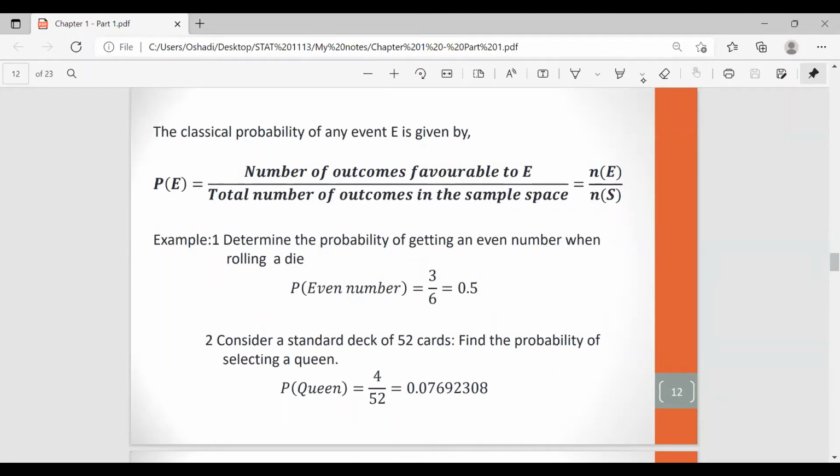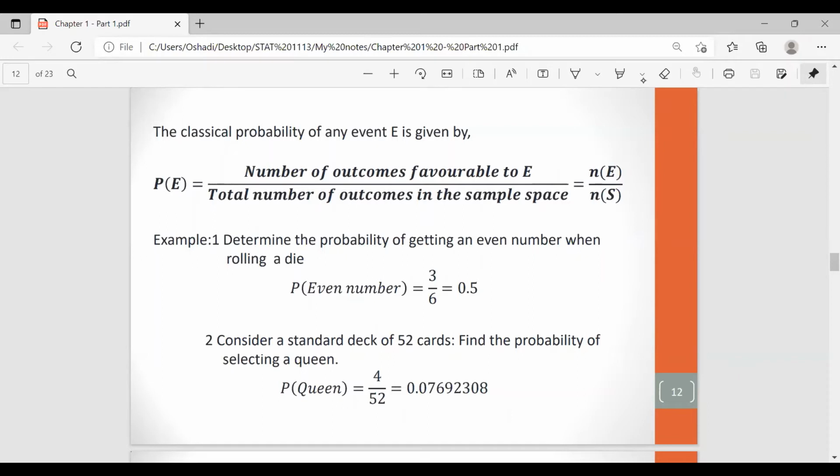So here we do not do the experiment. We assume all the events are equally likely to happen, and then we use the classical probability equation to calculate the probability, right? In the second example, consider a standard deck of 52 cards. Find the probability of selecting a queen, right?